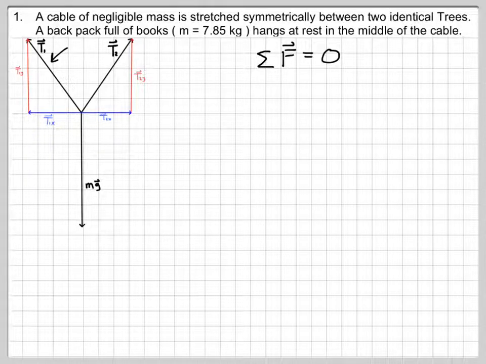Now, it's the law of acceleration, so another way to write it is sigma F equals ma, but since the acceleration is 0, this whole term goes to 0. So I'm just going to write sigma F equals 0. That's a statement of equilibrium. All of those forces, those three forces, have to act together to equal 0.